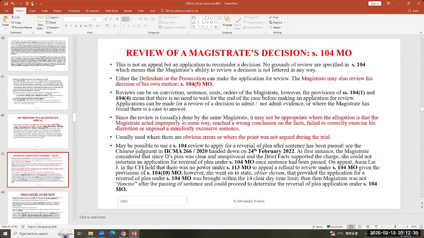This is that decision we were talking about earlier, because the magistrate is not functus officio because of the 14-day provision in section 104. So after sentence is passed, there's still this 14-day time to review. So the magistrate is not functus, he's not deprived of his jurisdiction until this 14-day period has expired.